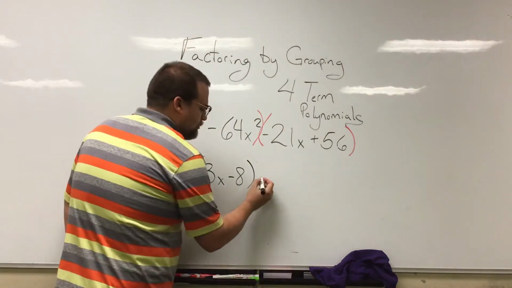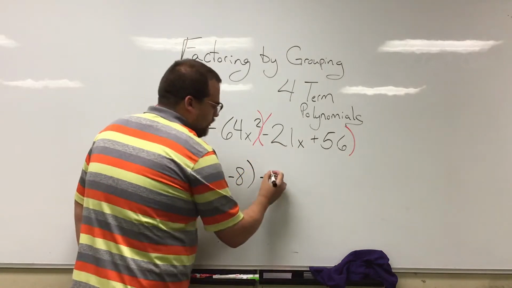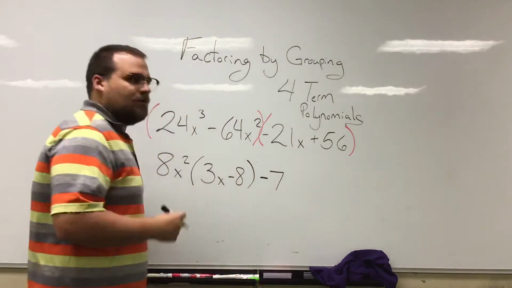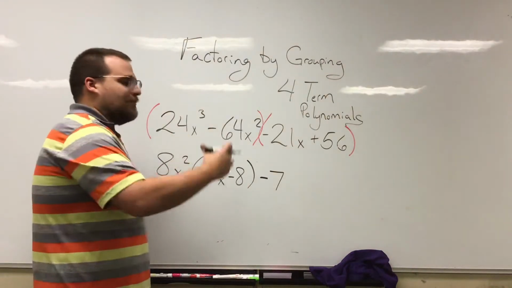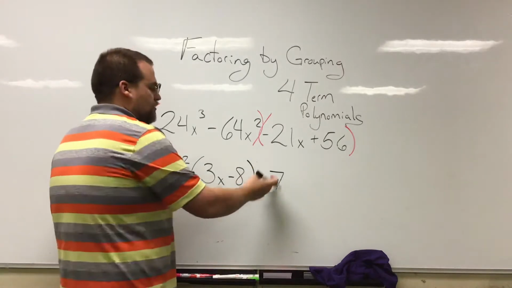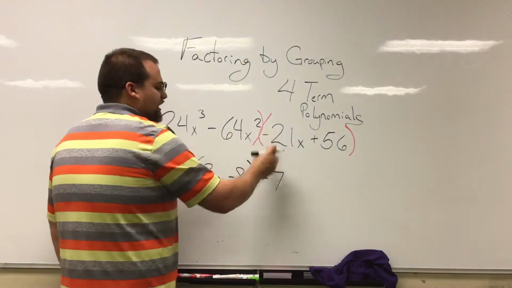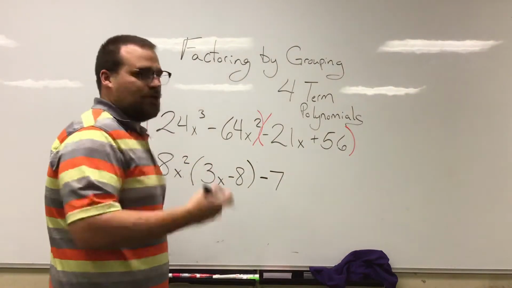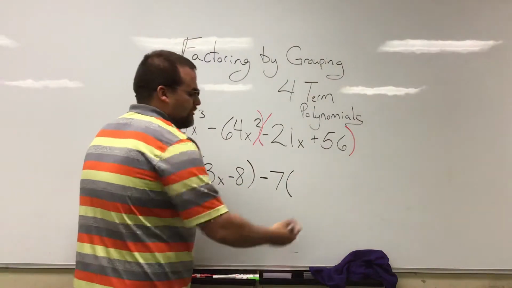However, and this is just a little thing to note, if your first term here is negative, you'll almost always want to take out a negative greatest common factor. So since 7 is the greatest common factor between 21 and 56, but the 21 is negative, I'm going to take out a negative 7. And we'll make sure we keep an eye on what that does to this number too.